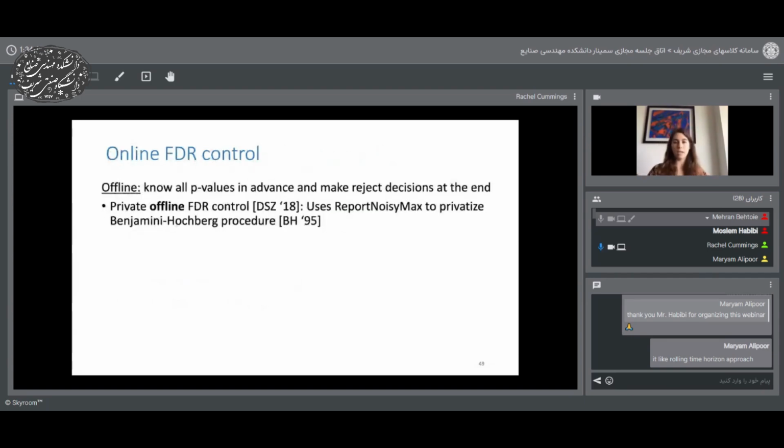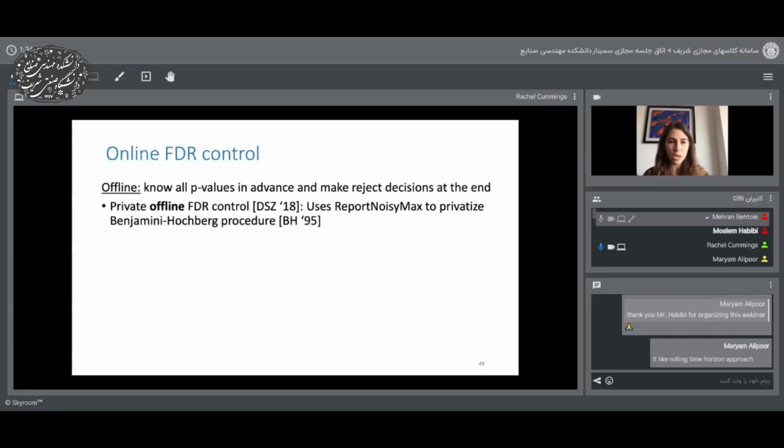And so in the offline case, we actually know how to do this both privately and non-privately. In this offline case, we're going to know all the p-values in advance, and we're then going to make reject decisions at the end.